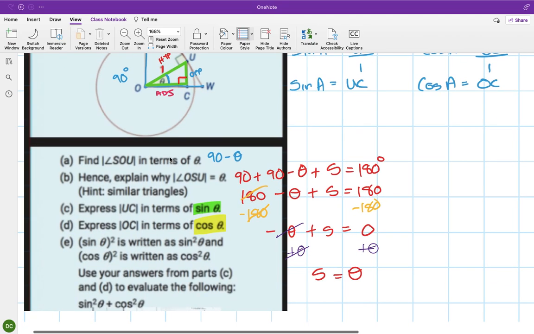Okay, and then the last part says that sine theta squared is written as sine squared theta and cos theta squared is written as cos squared theta. Use your answers from C and D to evaluate the following: sine squared theta plus cos squared theta.